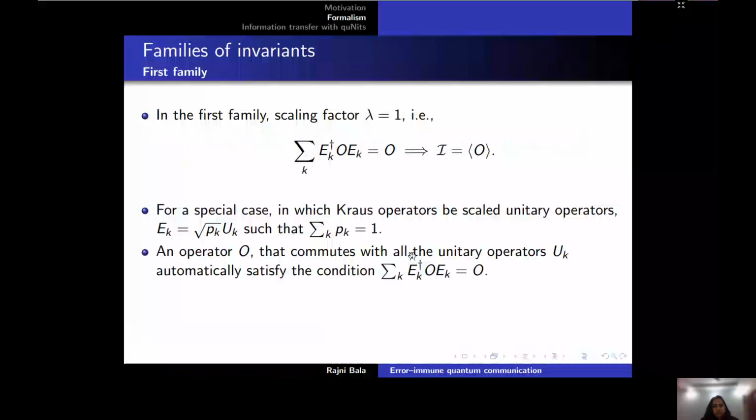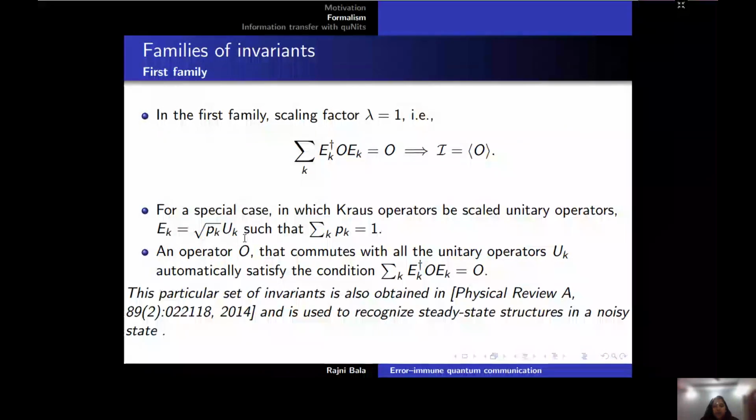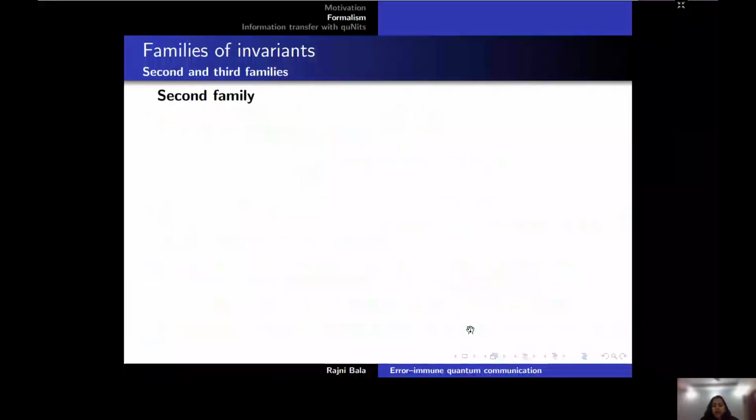Given this information, we can get invariants for different noisy channels of our system. Now, this particular kind of invariant has already been obtained in this work, and there it is used to recognize steady state structures.